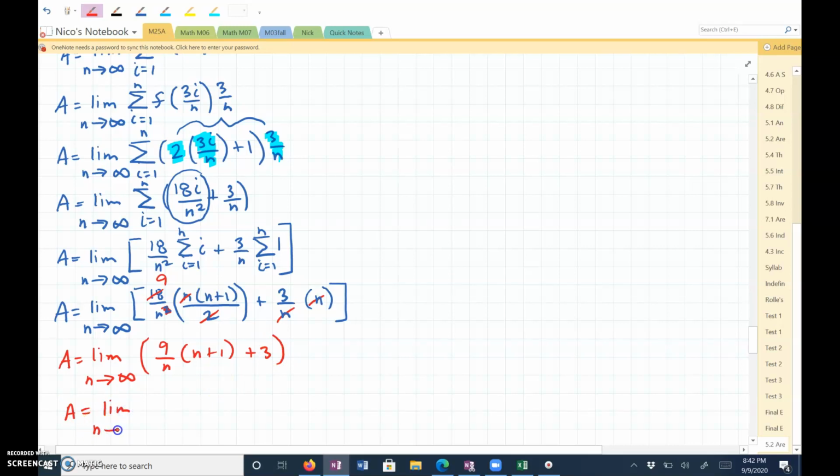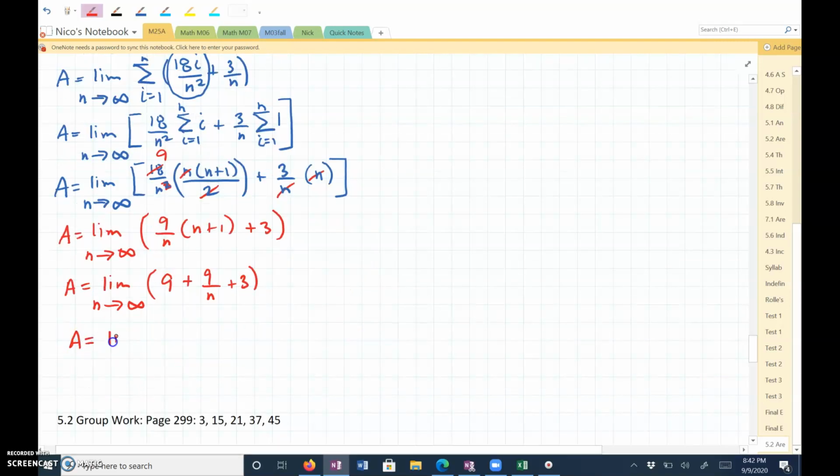And we take the limit as n goes to infinity. Multiply 9 over n all the way through here. So this would be 9 plus 9 over n plus 3.